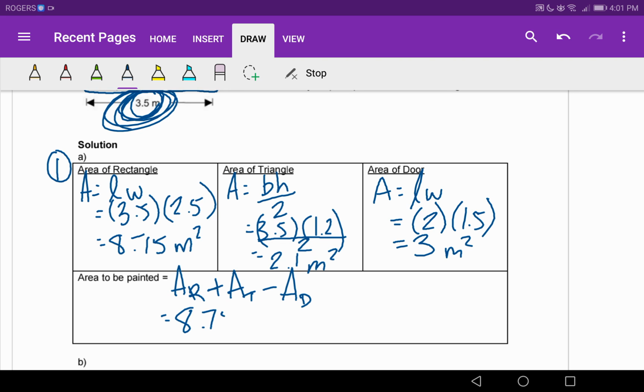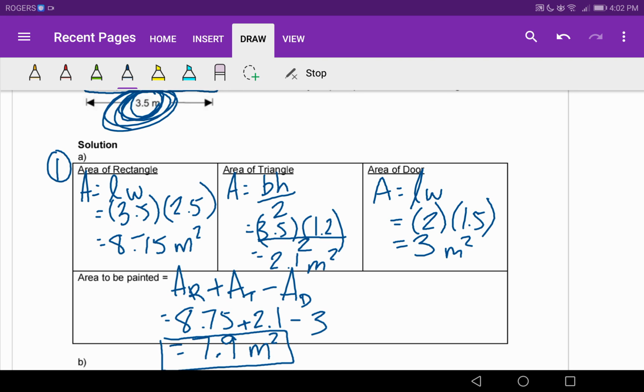Write it out. Final answer to 1 decimal place is 7.9, and it's meters squared because we're dealing with area.